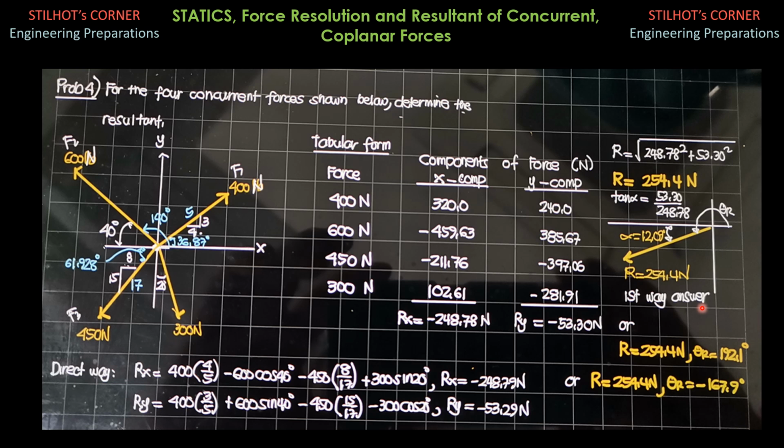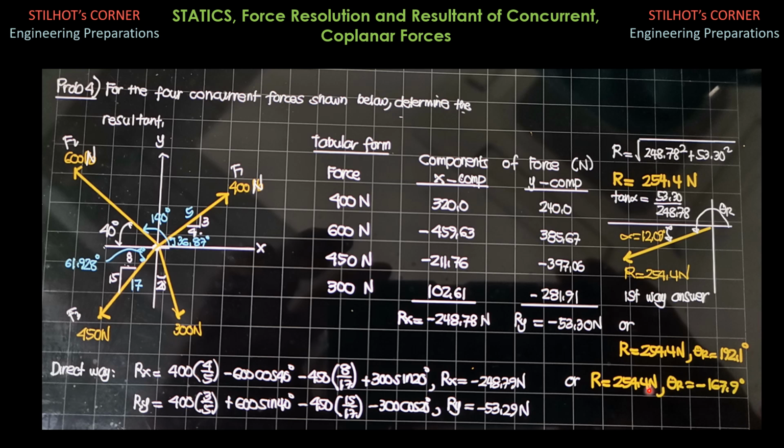The other way is magnitude 254.4 newtons and theta R. Theta R is 180 degrees plus 12.09 degrees, to four significant figures, 192.1 degrees. So you don't need to draw this figure. You just present the answer as R equals 254.4 newtons, comma, theta R, 192.1 degrees.